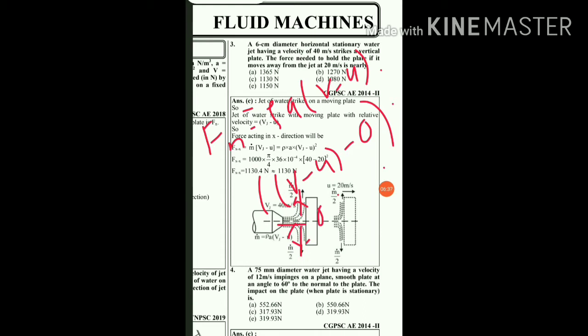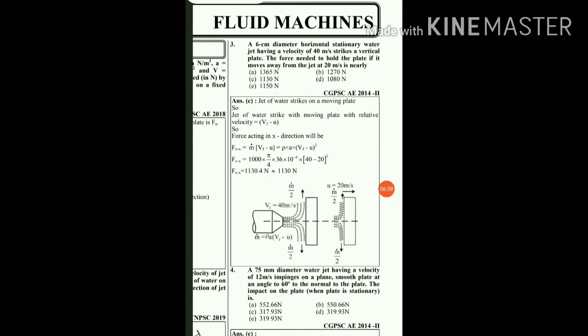So here again this equation simplifies to Fn is equal to rho a (v minus u) whole square, where rho is the density, a is the area of cross section, v is the jet velocity, u is the plate velocity, and v minus u is the relative velocity.